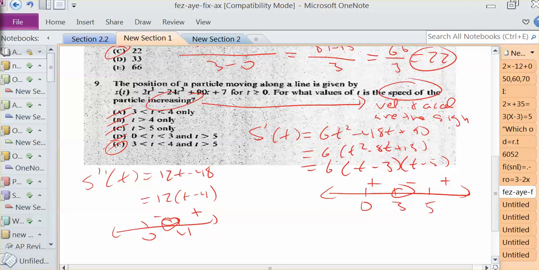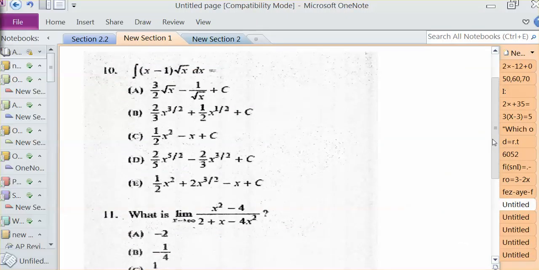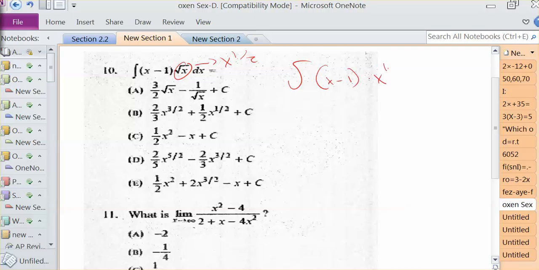Okay, 10 and 11. What's happening here? It's probably best to convert the root x to x to the 1/2 power. I strongly recommend you do that. We've done that before. So if you have parentheses x minus 1 times x to the 1/2 power, and you distribute, you have x to the 3/2 minus x to the 1/2, dx.